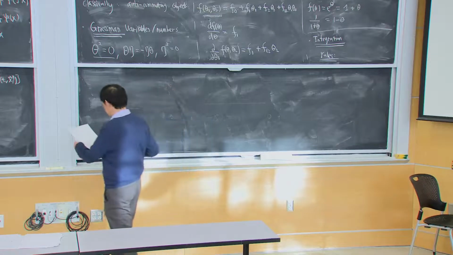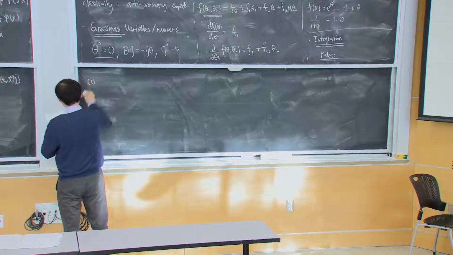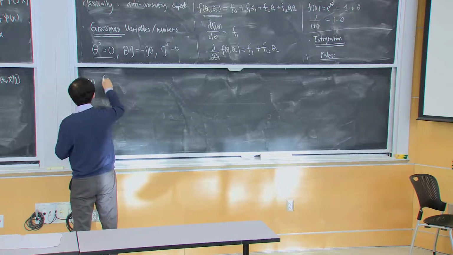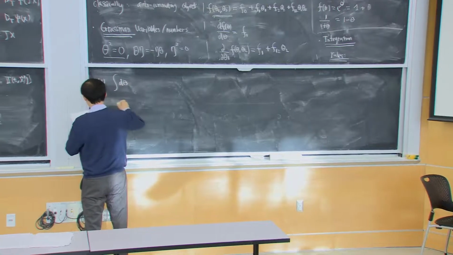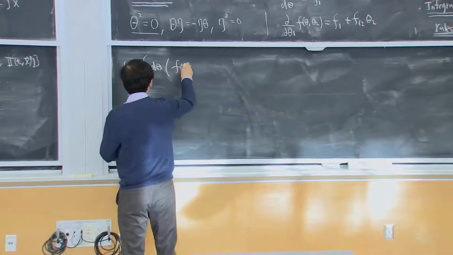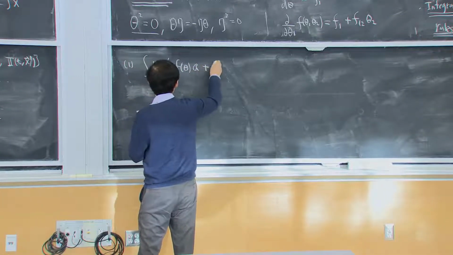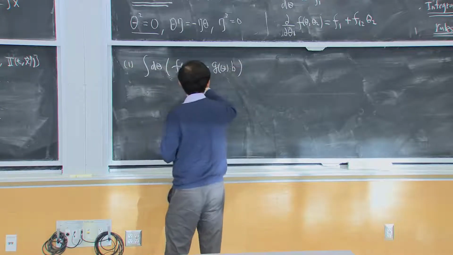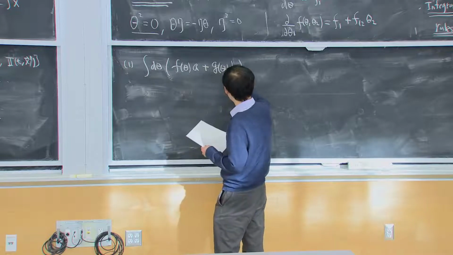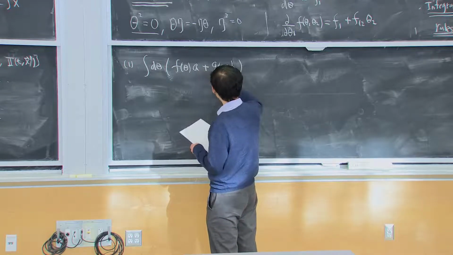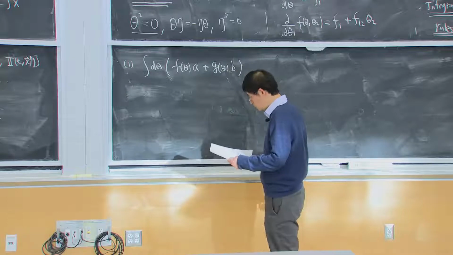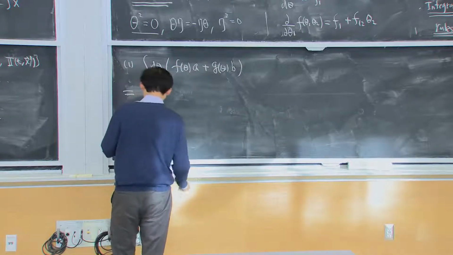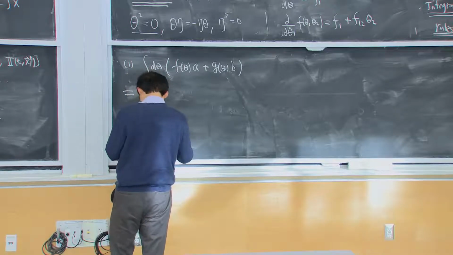The first rule: the integration should be linear. If I have the integral of d theta of f theta a plus g theta b, where a and b are some numbers, they can either be ordinary C numbers or Grassmann numbers, which anti-commute, the integration operation is linear.